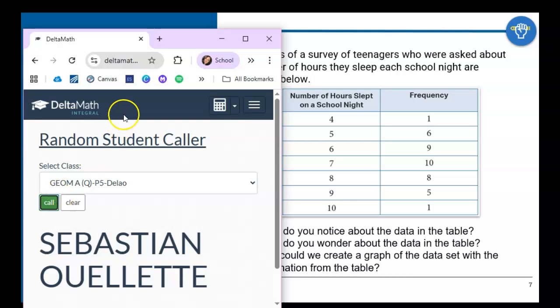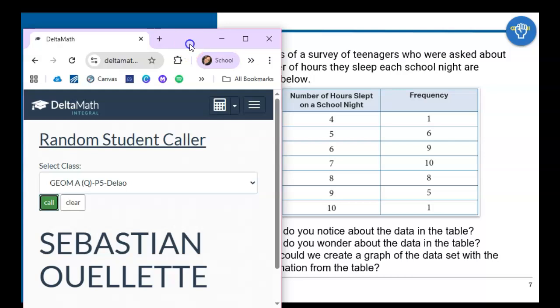Oh, Sebastian's table again. How can we create a graph of the data with the information from the table? I don't choose it. This chooses it. How could you create? That's why you're supposed to answer all 3. You have to have a question. Answer it.